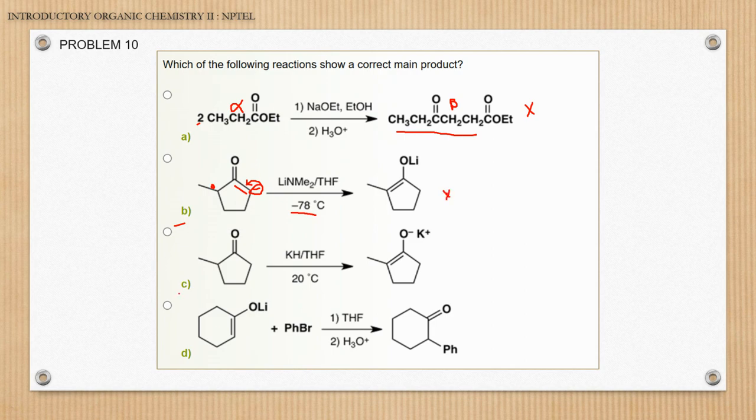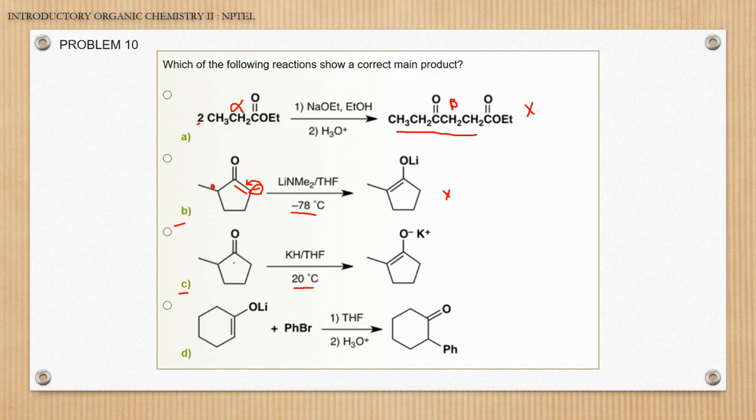So coming to option number C. Now tell me, is it right or not? Yes, ma'am. Correct. Why? Because here what is happening, base in THF but at 20 degrees centigrade. So instead of the low temperature which is in minus, there is an increase in temperature. So at high temperature I have told you thermodynamic enolate is stabilized.